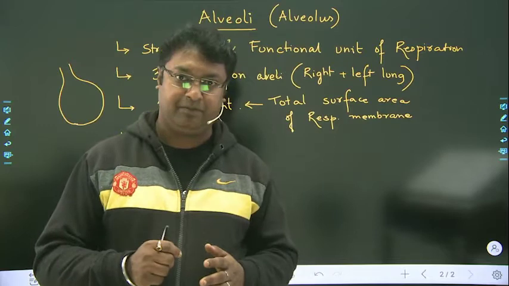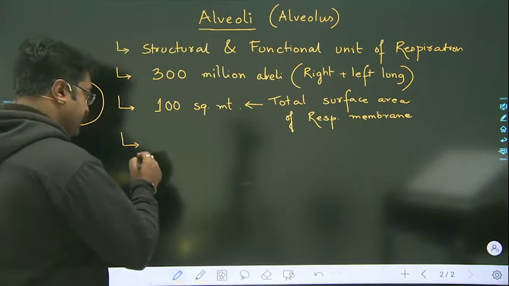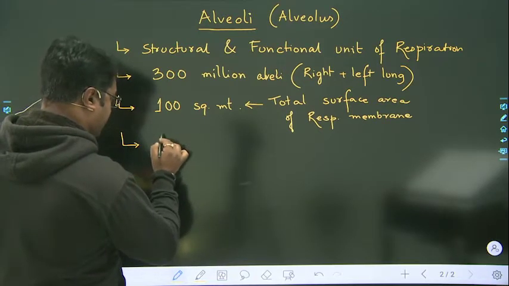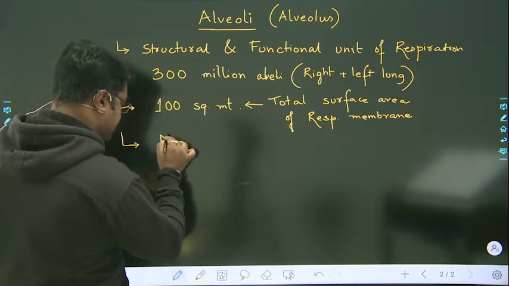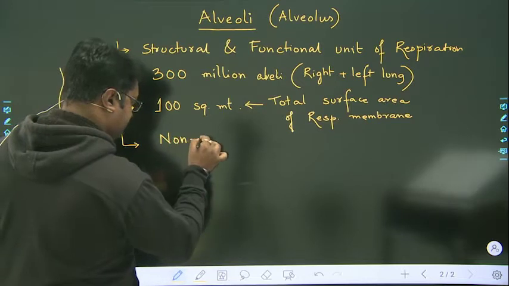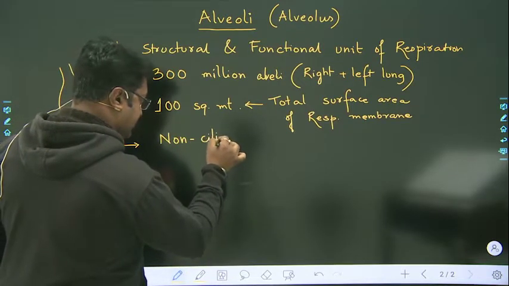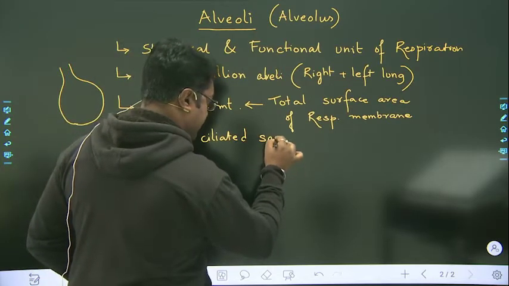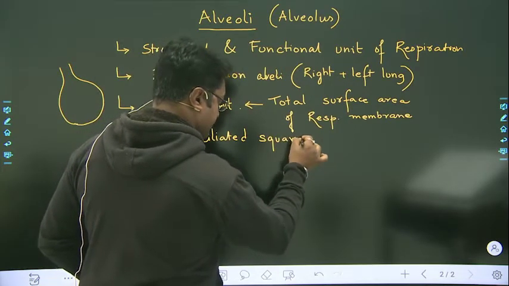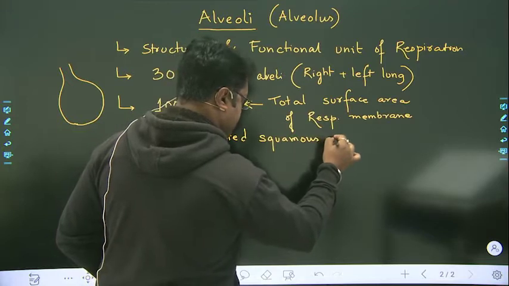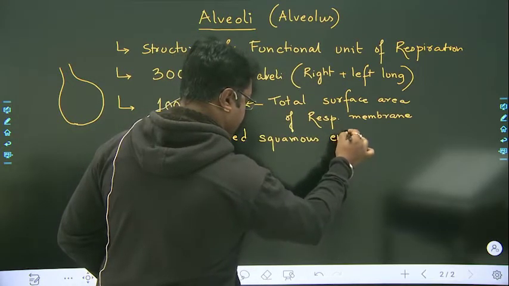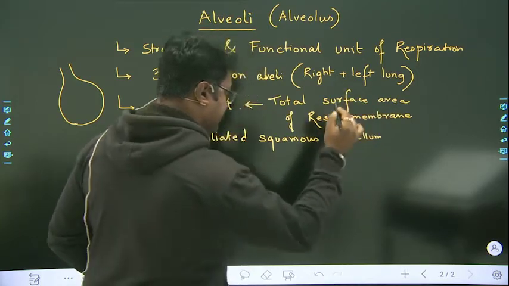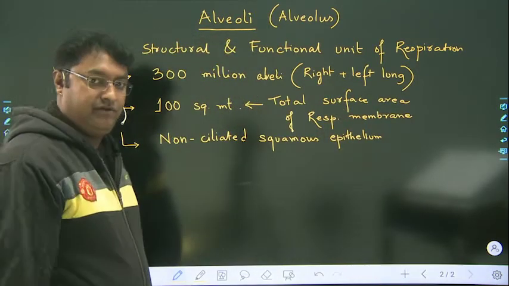But here we will see it is a very simple epithelium, consisting of non-ciliated squamous epithelium. Non-ciliated squamous epithelium will be lining the entire alveoli.